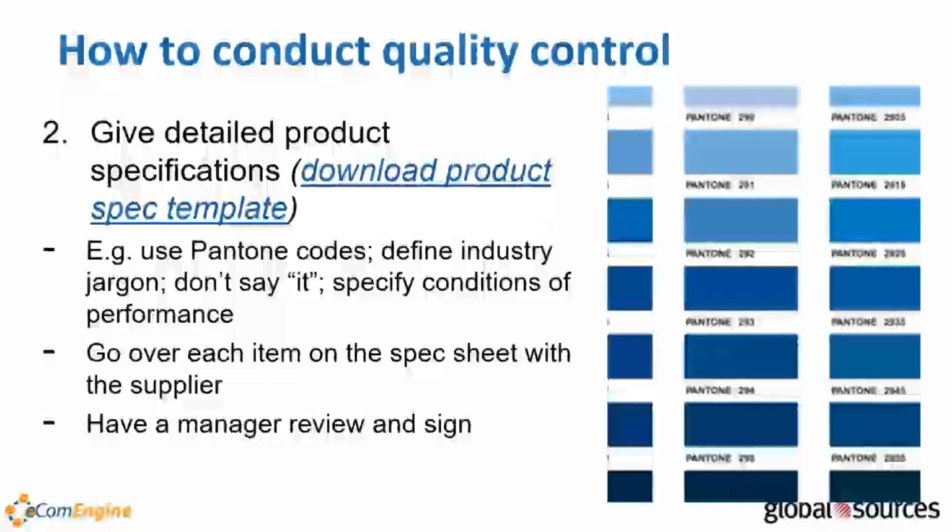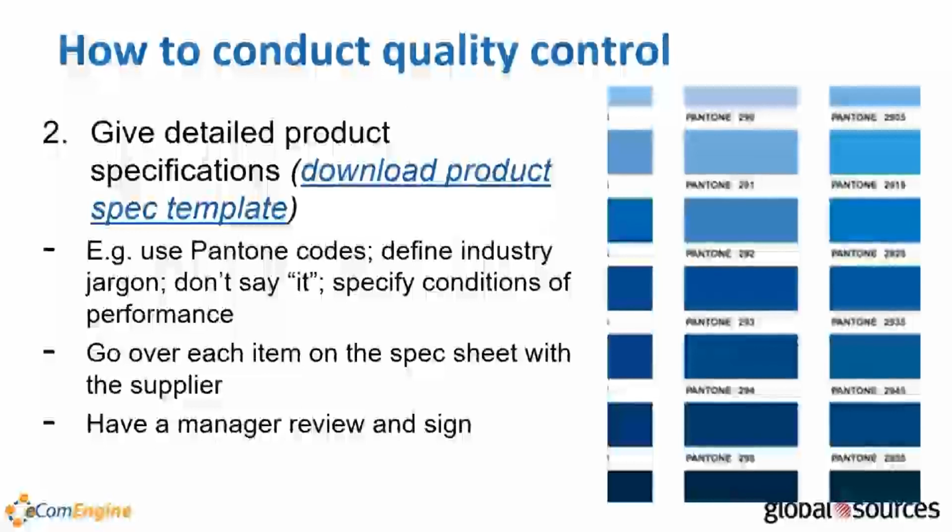So let me give you a few examples of how you can communicate clearly to your supplier. So if you only tell your supplier that they should use a blue fabric, you may get any shade of blue. So what you should do instead is provide the specific Pantone code for the color that you want on your product.